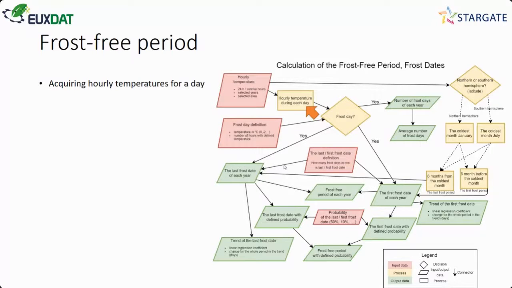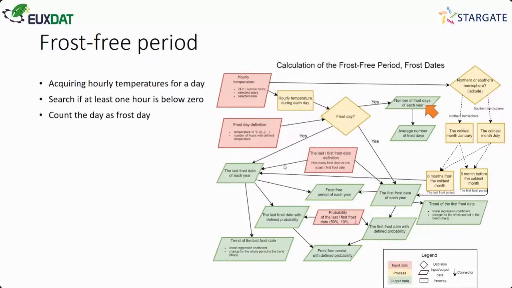So it means 365 days multiplied by 24 hours. So this is the set we have to search in. And we are looking for temperatures below zero there.